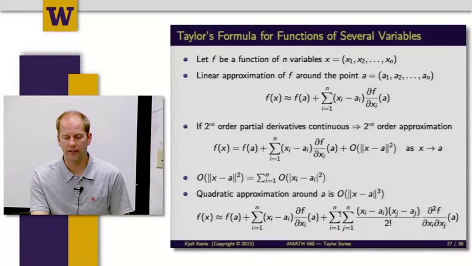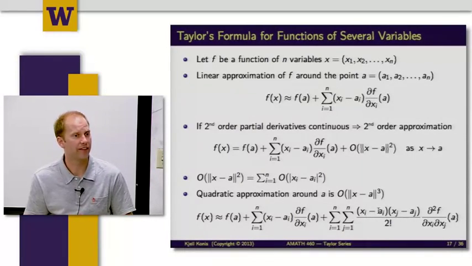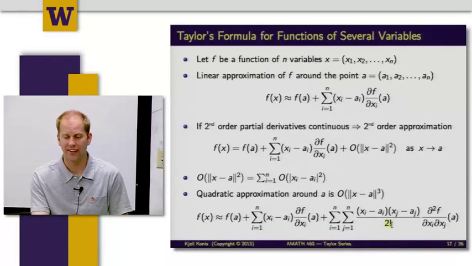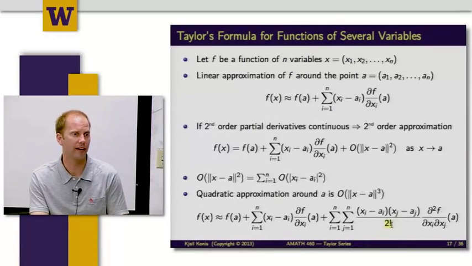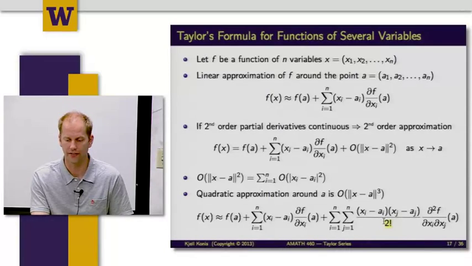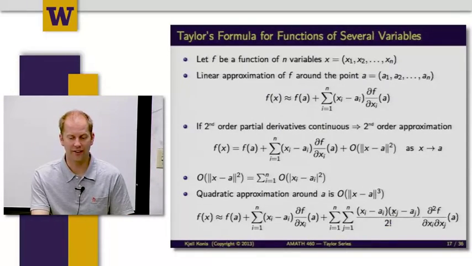So if I have a function of n variables, I have to sum i equals 1 to n and j equals 1 to n, and then all of the mixed partials times the distance in each of those directions. And then, because of the definition of the Taylor polynomial, I have to have this 1 over 2 factorial here. And so hopefully you're starting to recognize that when I see big ugly sums like this, I can benefit from using vectors and matrices for my notation.